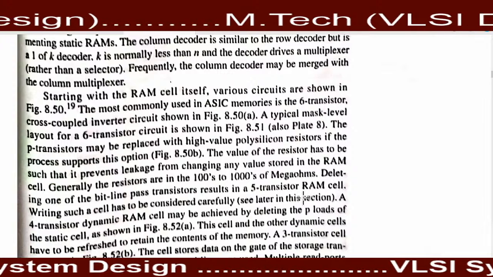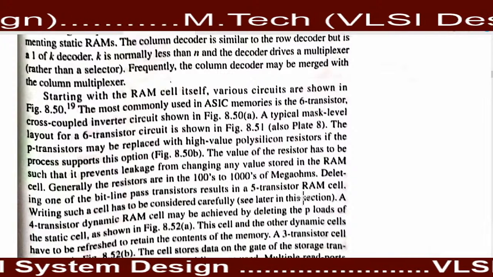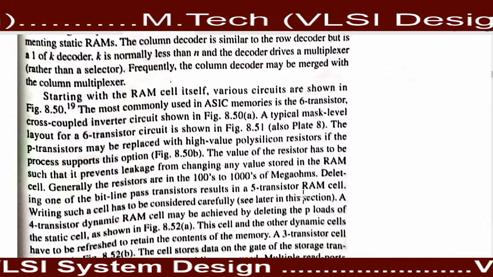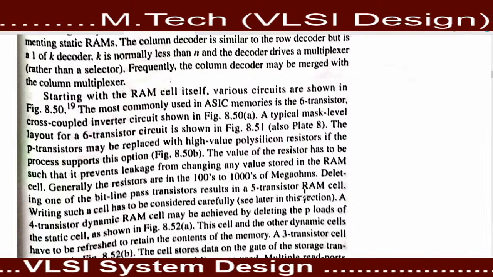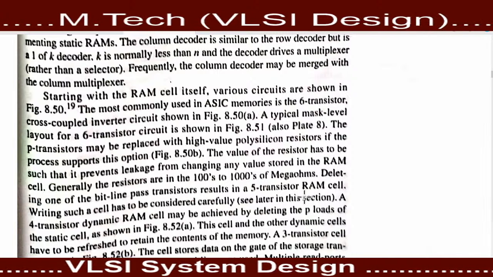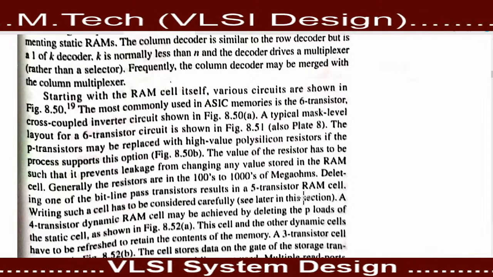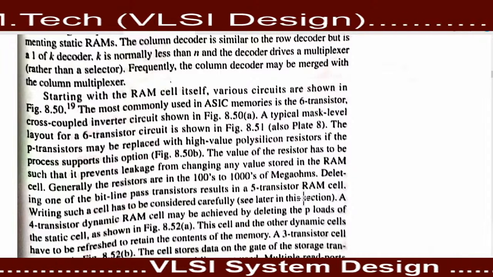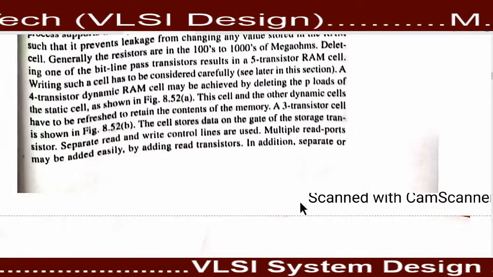Okay, we can implement the RAM cell by using 6 transistors, by using 4 transistors, by using 2 transistors also, and we can also implement this RAM cell by using a single transistor.